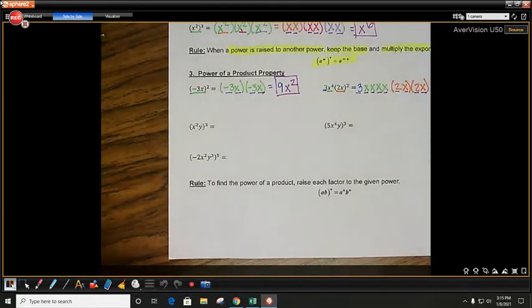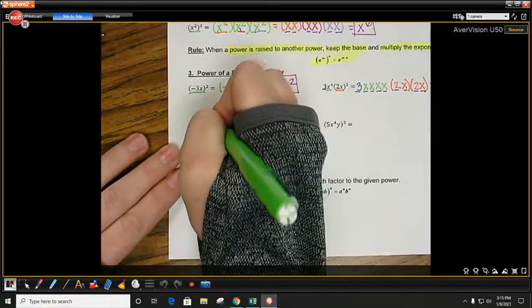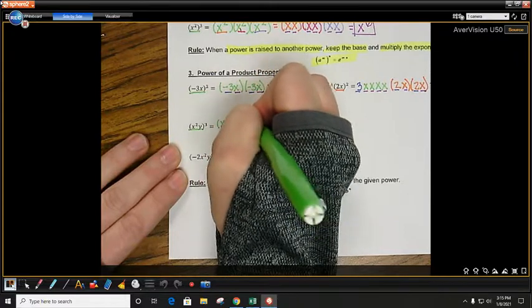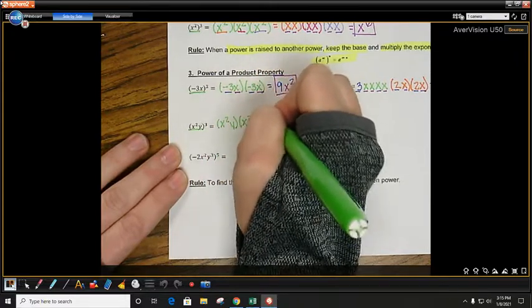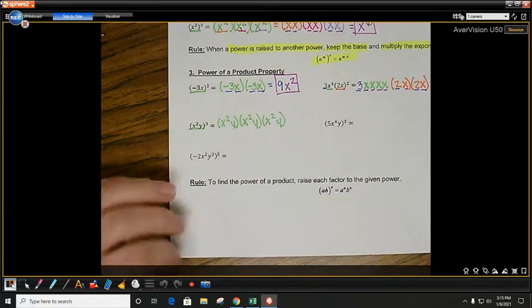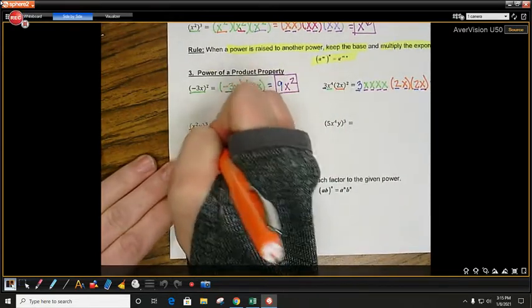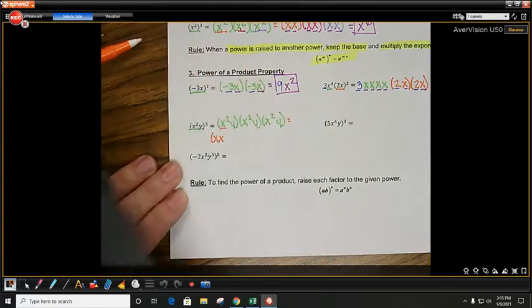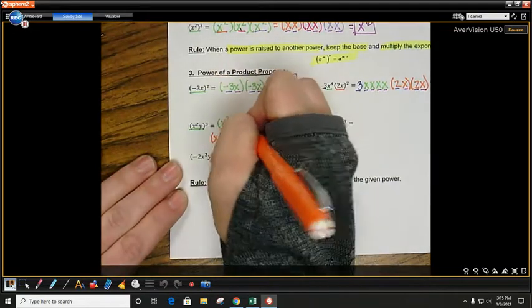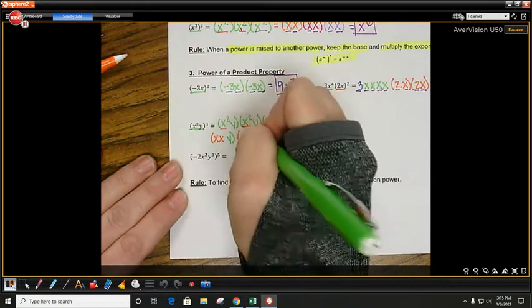The next one, I have parentheses to the 3rd power, so I'm going to write my parentheses out 3 times. X squared y, x squared y, and x squared y. Now I'm not done because I need to get rid of the squares. I need to expand further. So an x squared just means xx. My y doesn't have an exponent, so I'm just leaving it y. Then I need to write x squared as xx, and then I have my y.